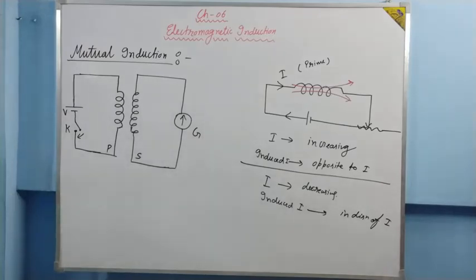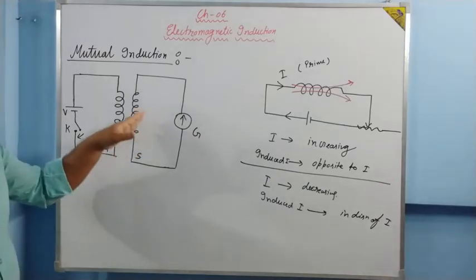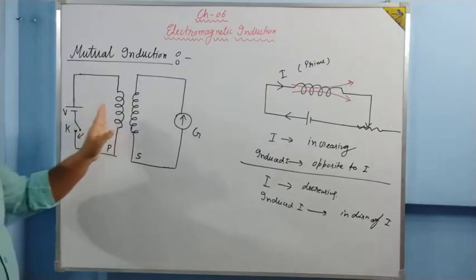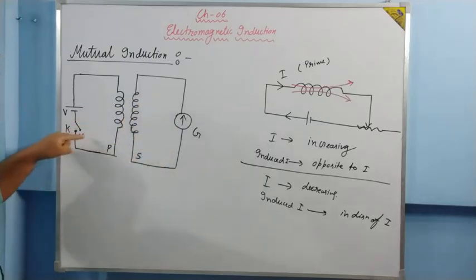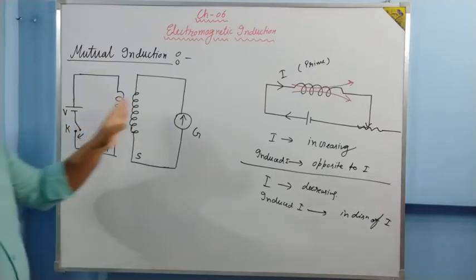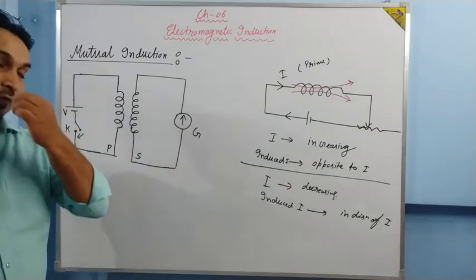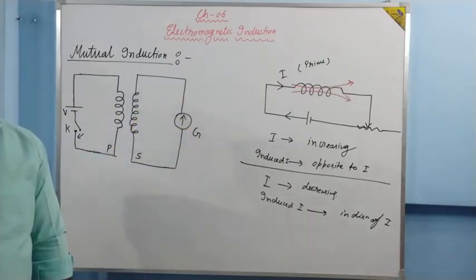Why is it so? Because this coil has no source, but some of the magnetic field of the primary coil will be linked with the secondary coil, and therefore when the current is changing during switch off and switch on, there is an induced EMF, and because of that there is an induced current. Is it clear?